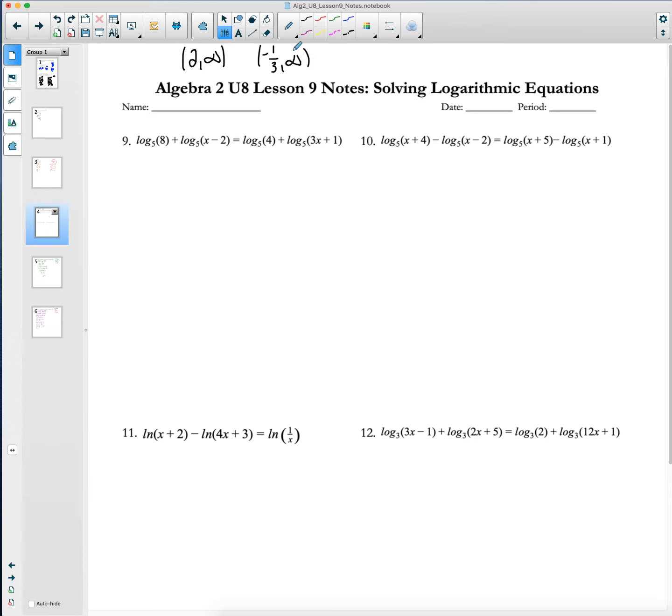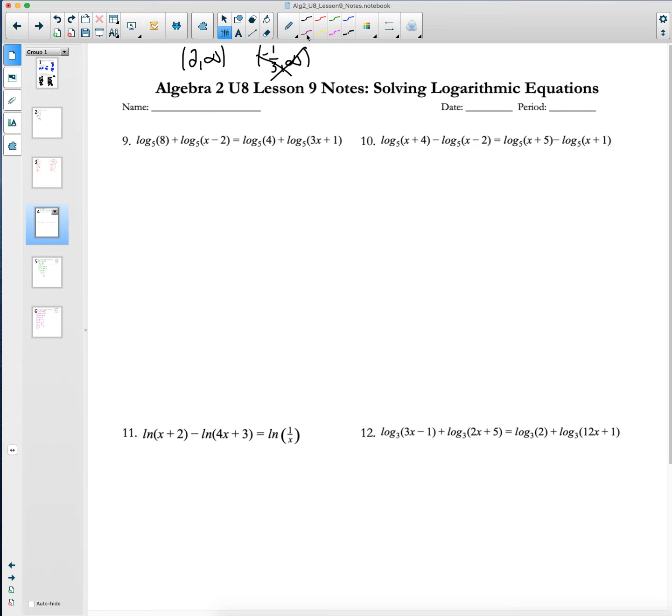Once again, we have to pick the one domain that works for both situations, which in this case would be 2 to infinity, because 0 would be in this interval, but 0 wouldn't work here. So we're going to throw that one out. 2 to infinity is our working domain.